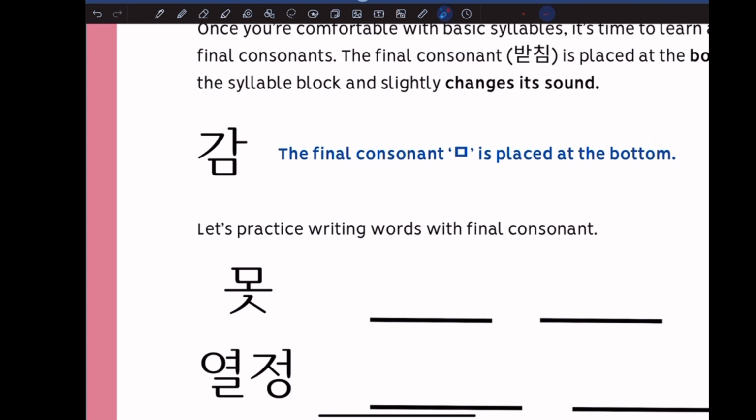Like I said before, the consonants are always located at the starting point or at the last point at the very bottom. Since this is the g sound of the consonant and the a sound of the vowel, it combines and creates a sound of ka. However, as one more consonant sound, the m sound, is added, it's going to be pronounced as kam. Kam in English means persimmon.